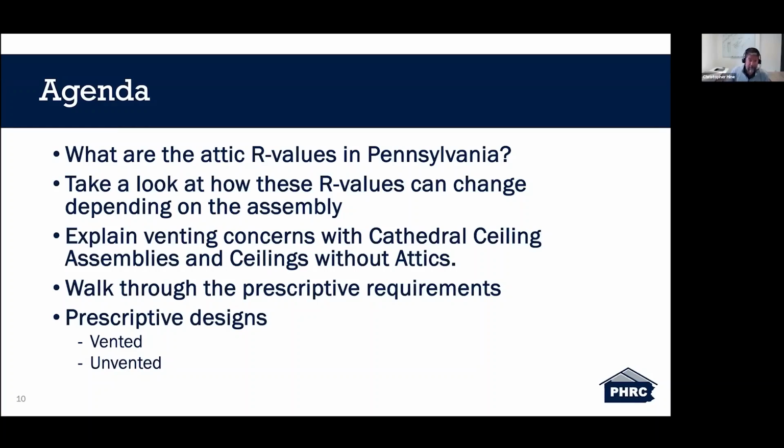We're going to explain venting concerns with cathedral ceiling assemblies and ceilings without attics. We'll walk through some prescriptive requirements, and then finally we're going to look at some prescriptive designs for both vented and unvented assemblies. I have some examples for both.